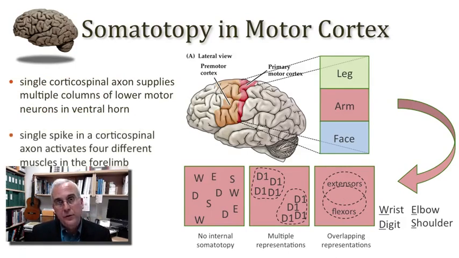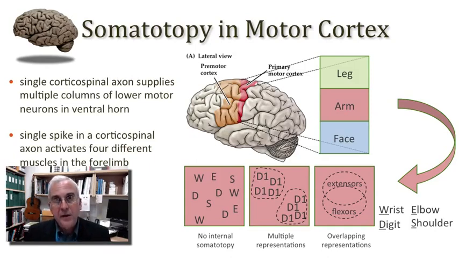Also, if one were to look physiologically, one might find that a single action potential or a single spike in a corticospinal axon might activate different muscles in the forelimb. So these two points sort of go together. If a single axon can innervate multiple columns of motor neurons, it makes some sense then that one would associate the activity of that single axon with movement of multiple muscles.